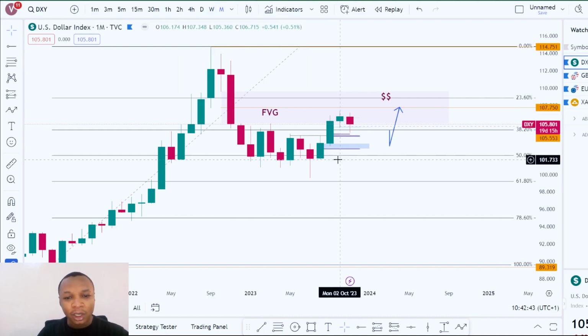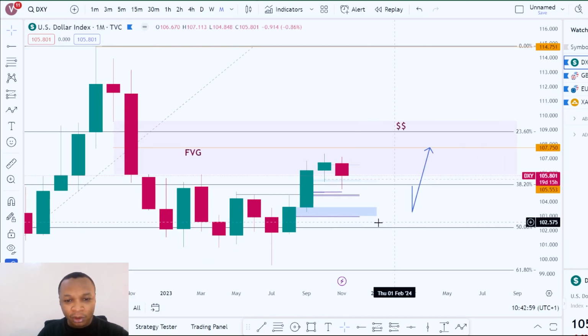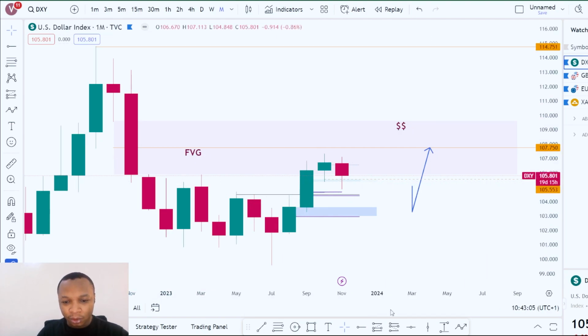So right away we'll look at the dollar index as the base currency for many foreign assets, which foreign currencies we look at. And for the dollar index, we could see what it has done in this month. In the previous months, we saw how the dollar index created a fair value gap right here. I can mark that out for you. The fair value gap is right here.